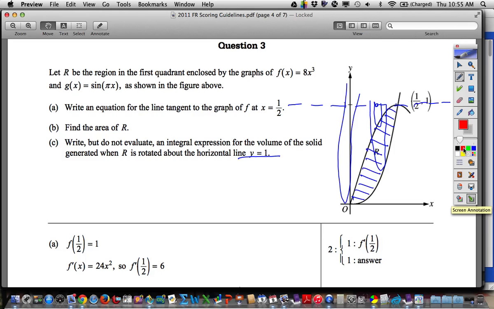So we need 2 strips. The outer radius is going to go to there, and the inner radius is going to go to there. The outer radius goes from the center to the far outer edge. The inner radius is basically the empty space. So what's big R?